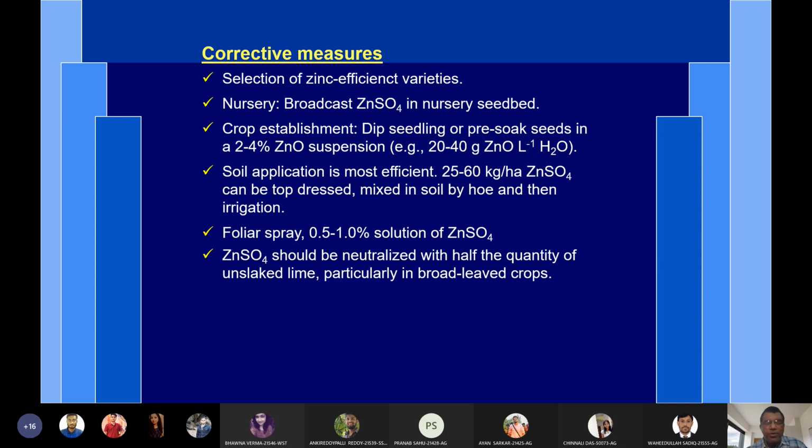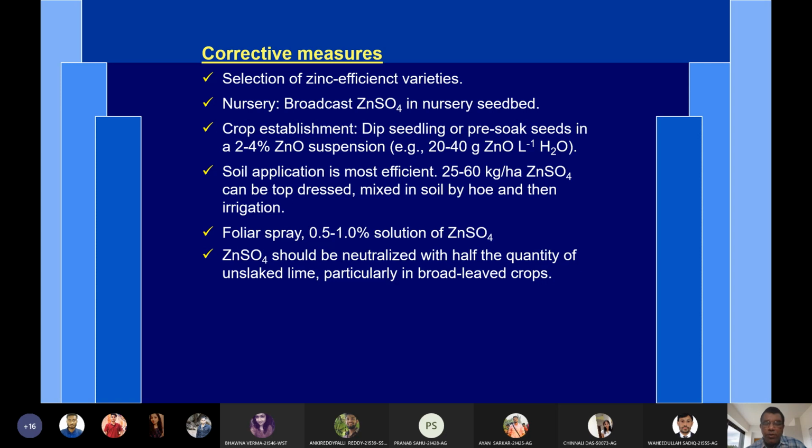Soil application is most efficient, and it may vary from 25 to 60 kg zinc sulfate per hectare, depending upon the kind of soil, the conditions and the availability of the zinc. Of course, the mean values are 20 to 25 kg zinc sulfate per hectare, but it can be as high as 60 kilograms zinc sulfate per hectare.